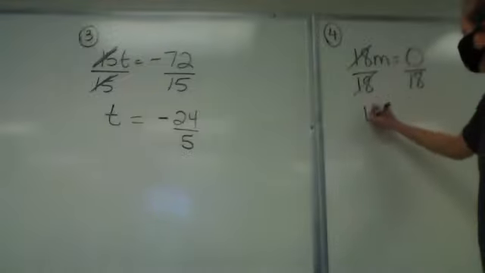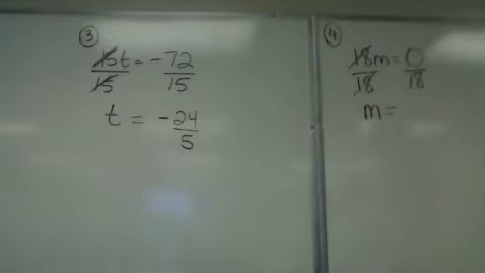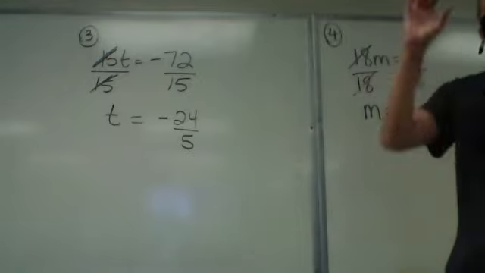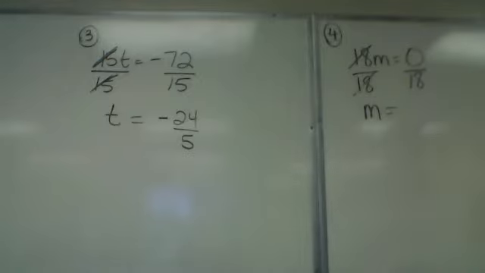Bring down your m. Equals, over here you've got 0 over 18. Now here's the thing, 0 over anything is simply 0. Okay, doesn't matter if your 0 is in the top, it doesn't matter what this is. It doesn't matter if it's positive or negative or a decimal or anything. If 0 is your numerator, 0 is the answer.